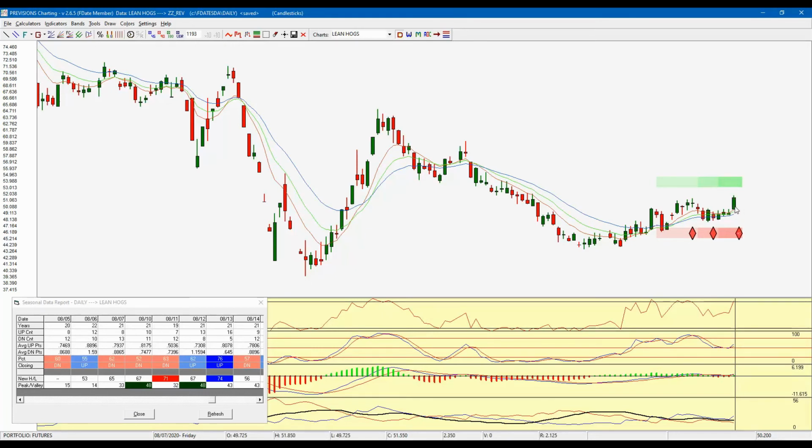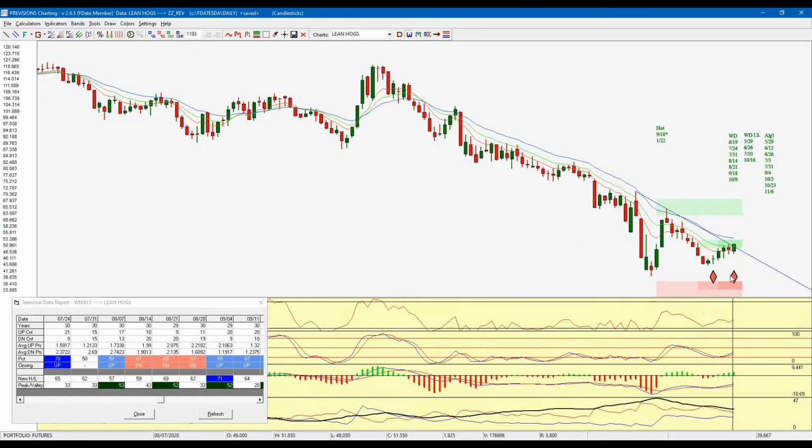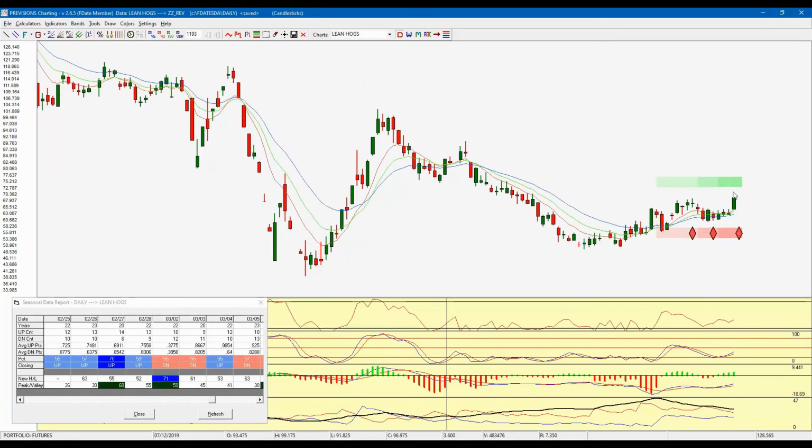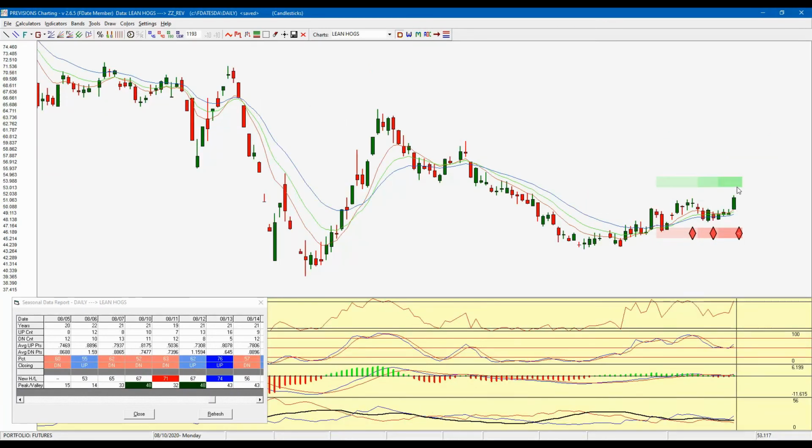Now, one, yes, it has not reached the daily overbought, so you could possibly see Monday going higher. It will still be within one bar of this weekly turn date, so it'd still be allowable, acceptable, and not a bust, okay?